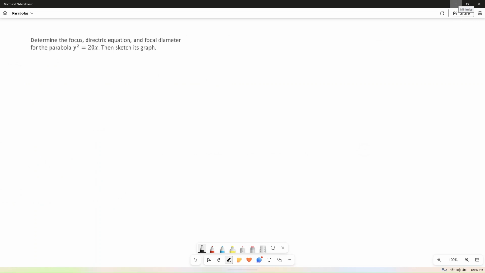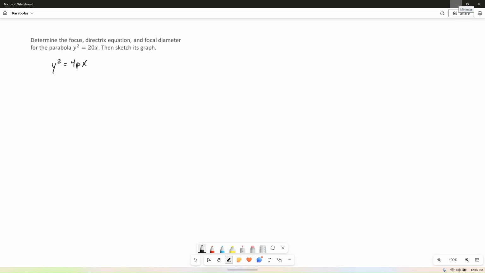Okay. So let's start with figuring out the value of p, because once we know p, we can figure out the 3 key characteristics. So the standard equation for a parabola is y squared equals 4p times x. Okay, so it's very similar to the equation we saw before, but it's y squared instead of x squared.